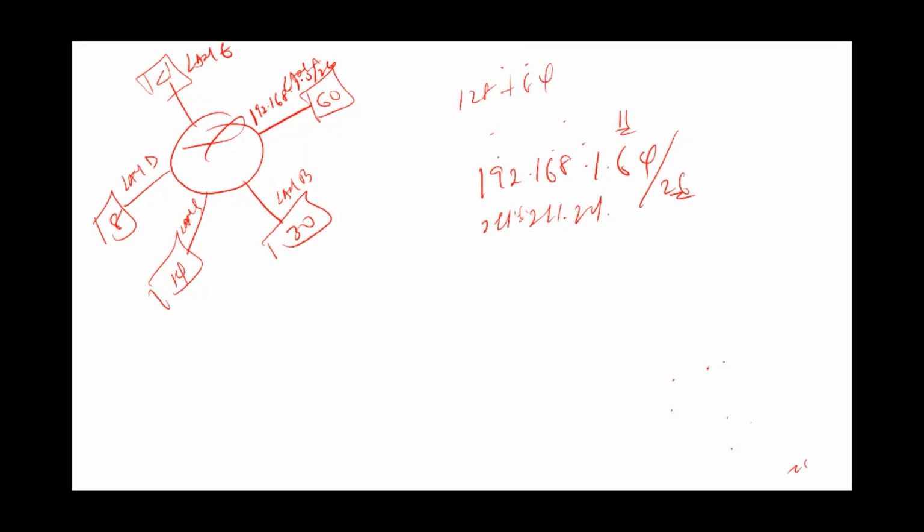I taught you guys how to calculate the new subnet mask. By the time you convert this to decimal, it's going to give you 192. This is the meaning of /26. So right now, for this address, we have borrowed 2 bits already, guys. How many bits do we have left?